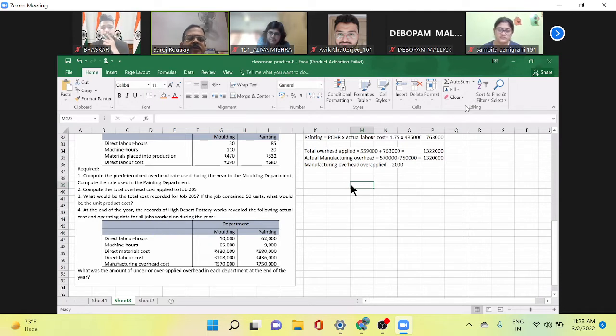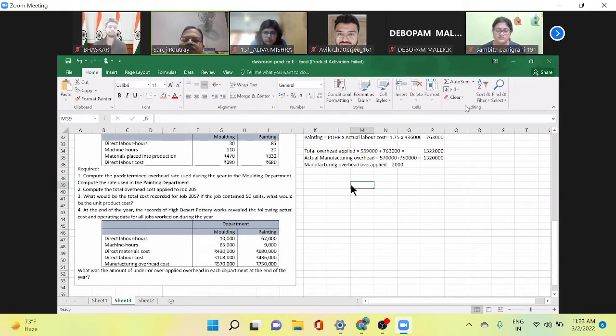Okay. So we need to find out, because at the end of the period we would like to know what is our actual profit. And if your estimated figures are not correct, you may not be knowing your actual profit. Therefore, you have to correct it before you find out the actual profit, or in the same income statement, you will correct it.